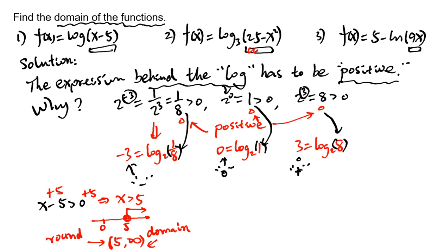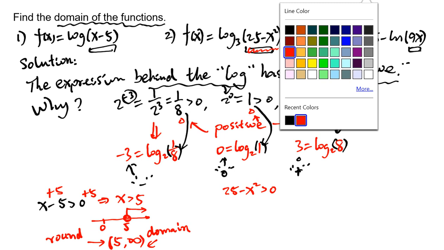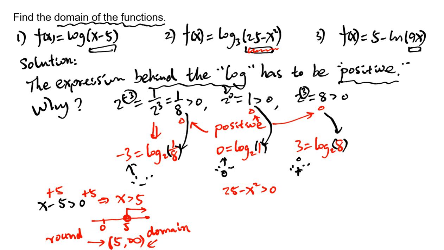Now, how about this one? This one, we need to require 25 minus x squared greater than 0. Now, if you add x squared on both sides, you have 25 greater than x squared.